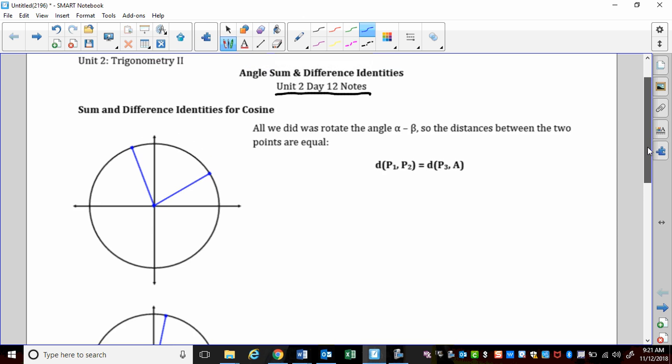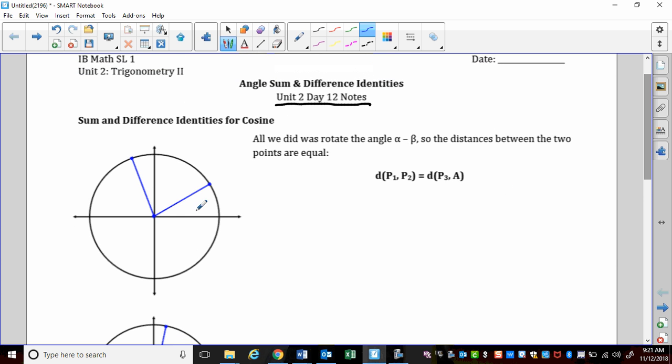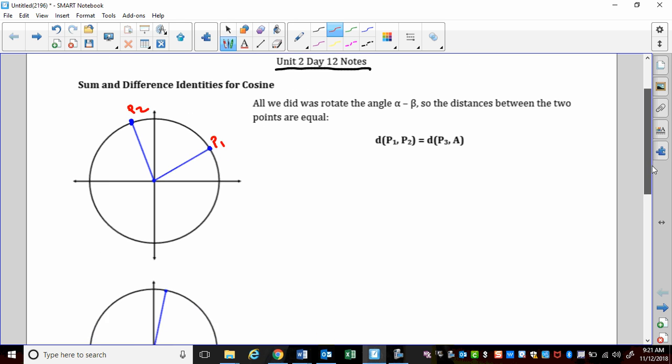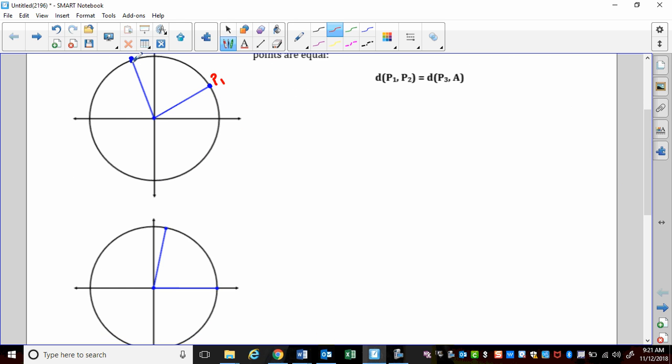They actually derived it because of cosine, and they said that the distance between this point and this point, so this is point 1 and point 2, if we rotate it, this distance is going to be the same as this distance between this point and right here.